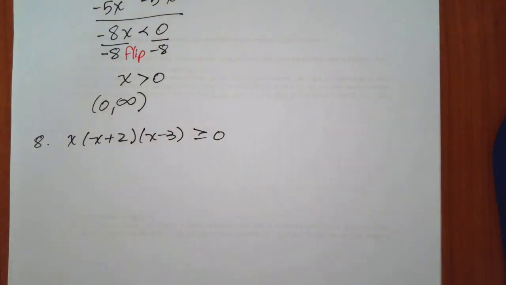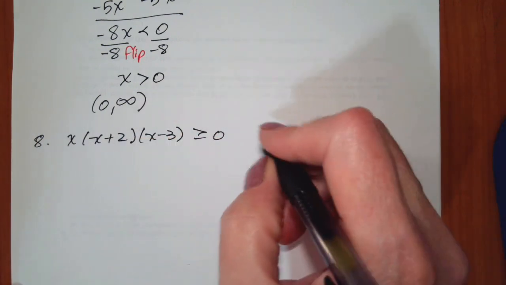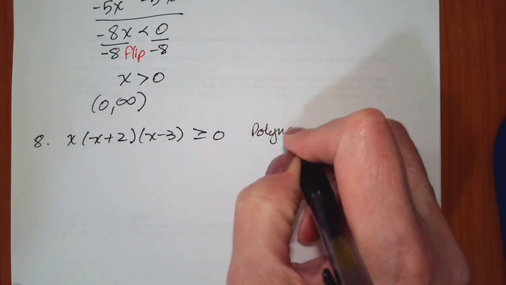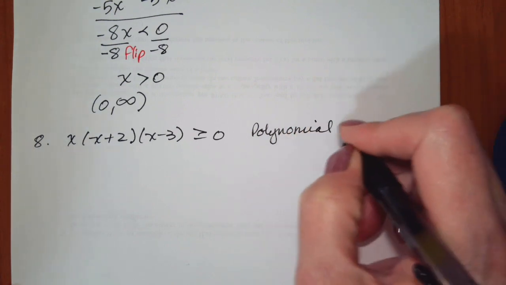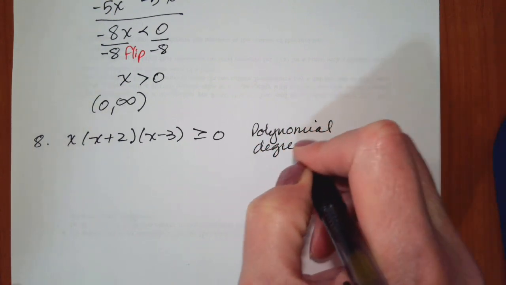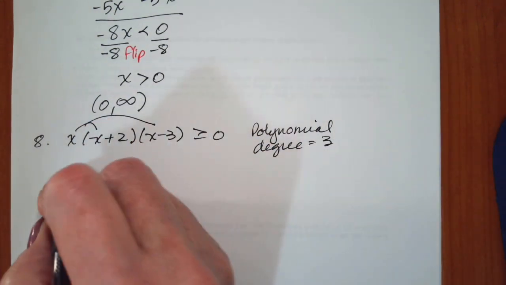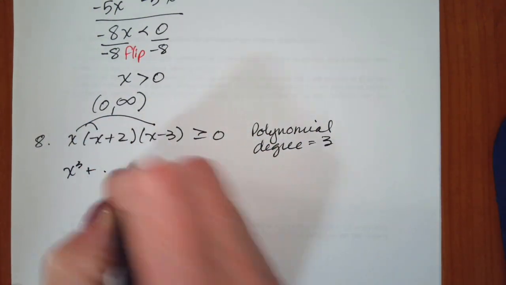All right, so part of it is knowing about polynomials. This is a polynomial, and the degree is 3, because if I multiply x times x times x, that gives me x to the third plus whatever.